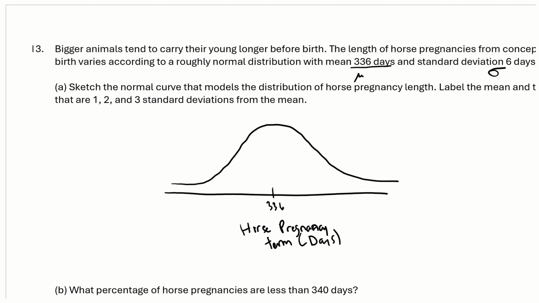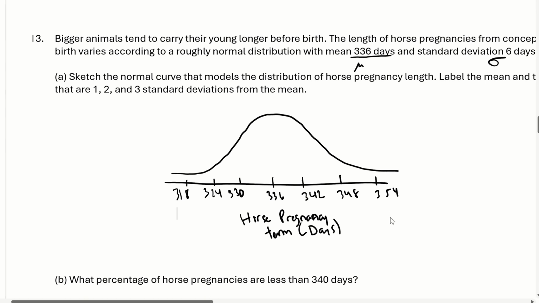And this is a standard deviation of 6, so you're going to go by 6s. So then the next one's going to be 342, 348, 354. Then you got to subtract 6, so 330, 324, and then 318. And that's all we're looking for in part A.